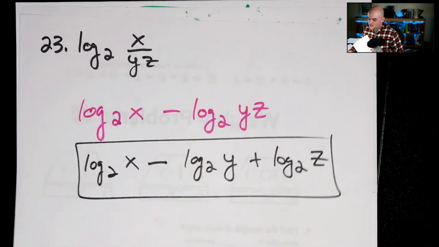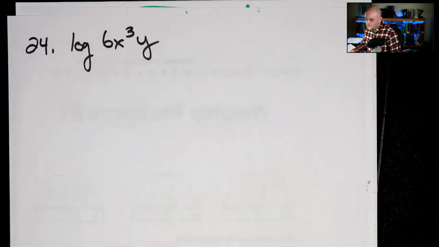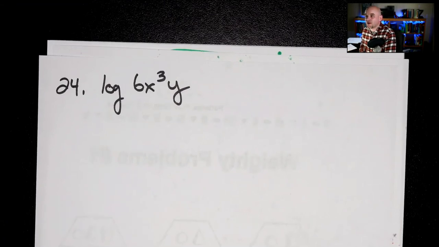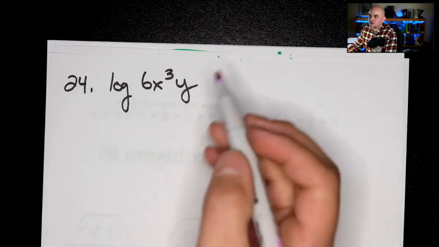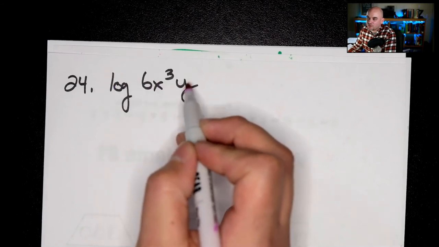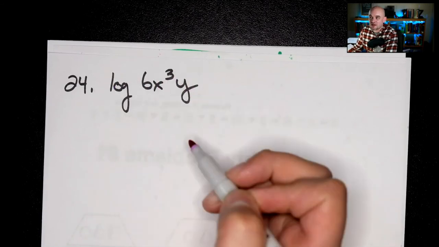Let's look at number 24. It's log base 10, and I've got 3 numbers being multiplied. I'm going to split that up first. Notice I don't want to pull this 3 out front because that's saying that 6 is cubed and so is y, but it's not, just the x is cubed.